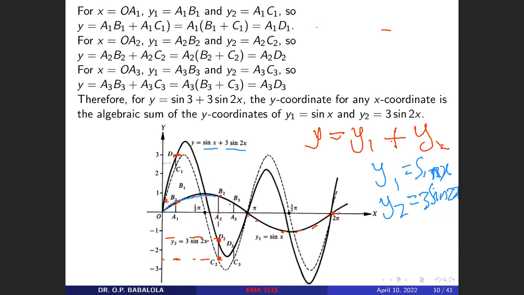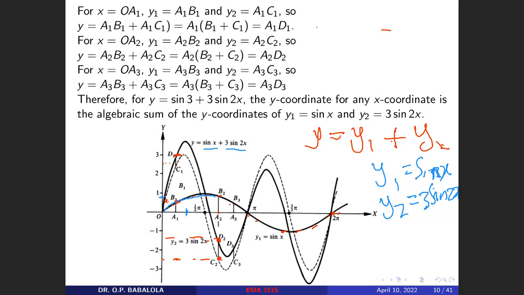Now, we want to do the sum to find y. And how do we do that? We pick a point. Let's say we pick this point here, okay? Trace that point to the graph, to the curve, and then trace it back to the y-axis here, okay?